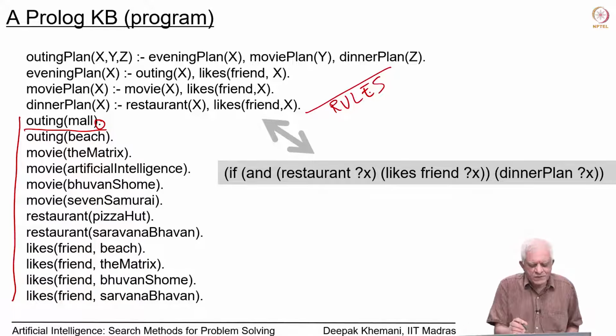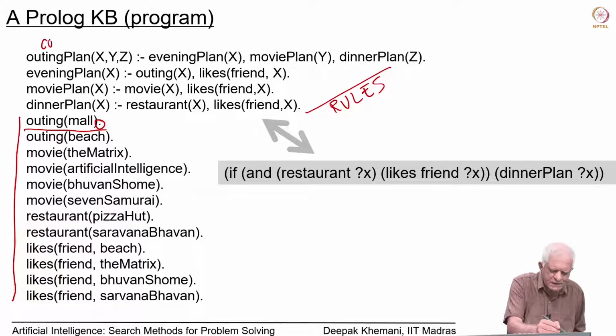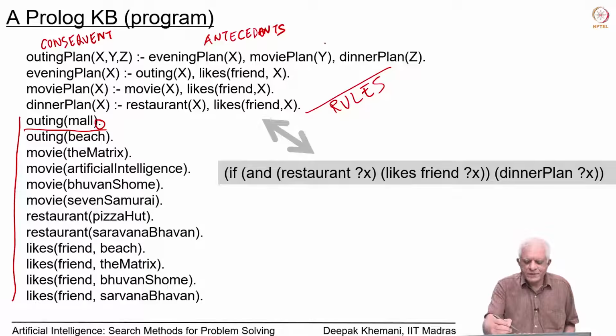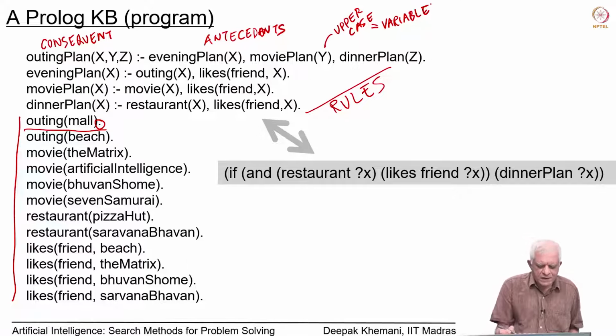And if you look at the fourth rule, Prolog writes the consequent on the left hand side. So, the consequent is here, and the antecedents are here. Prolog uses a convention that uppercase is a variable and lowercase is a constant.